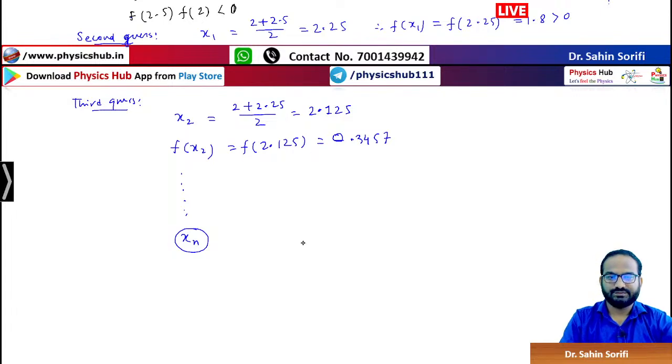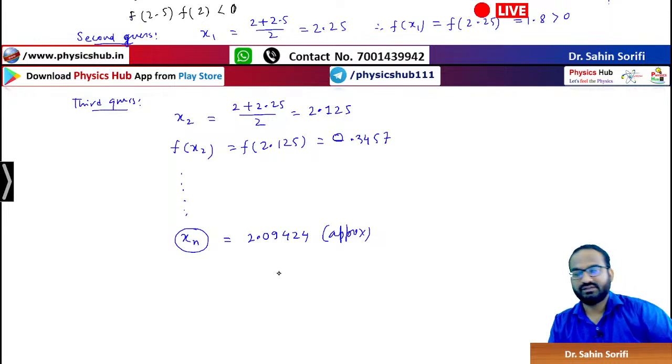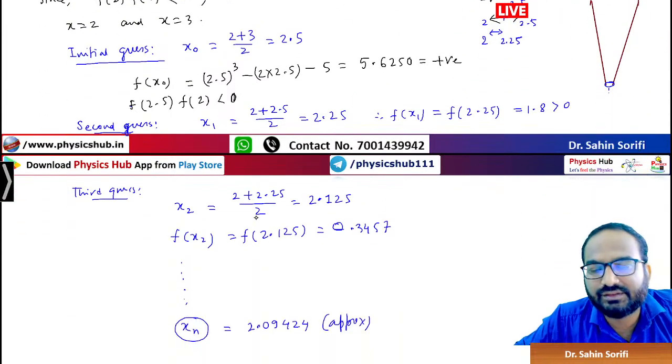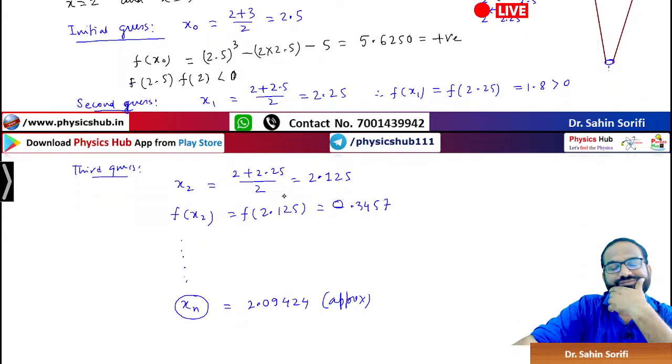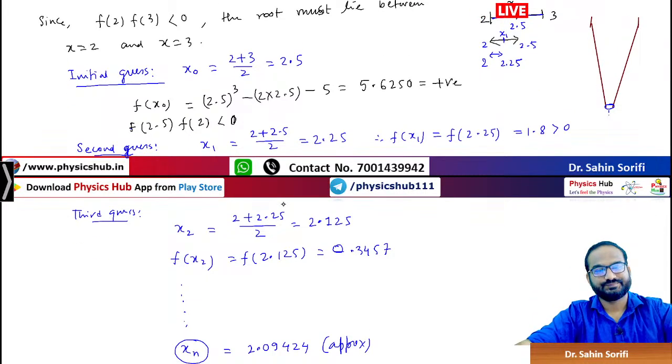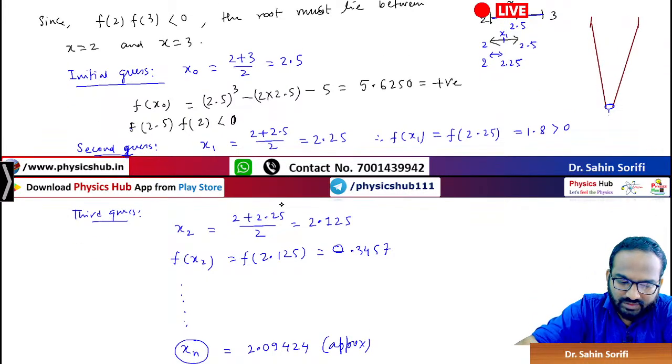Is it understood? Ultimately after doing 11 iterations, you will get approximately 2.094. This is just for your reference. A question did not come from this, I think, but it is part of your syllabus. Is it understood overall?